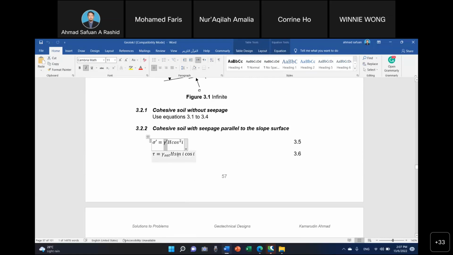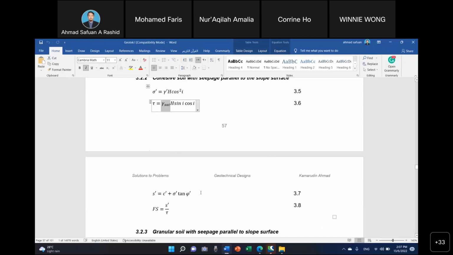Then we have tau, the shear stress. Because water doesn't shear, we do not exclude the water under the shear stress. Then we have the shear strength.